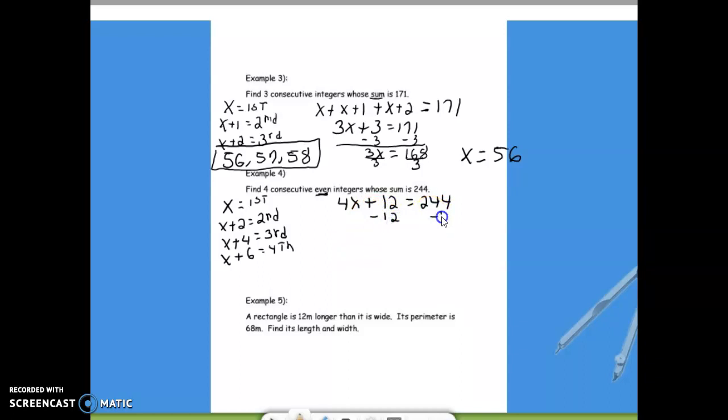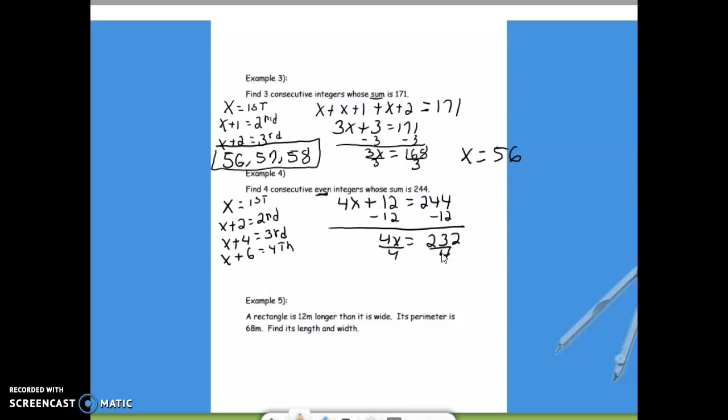And really another good way to check this is your x should be an even number, right? All right, so let's finish it off. 244 minus 12 would be 232. We're going to divide that by 4, right? Okay.